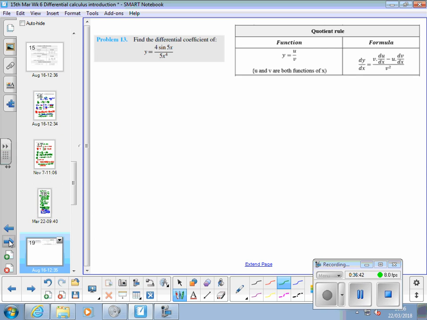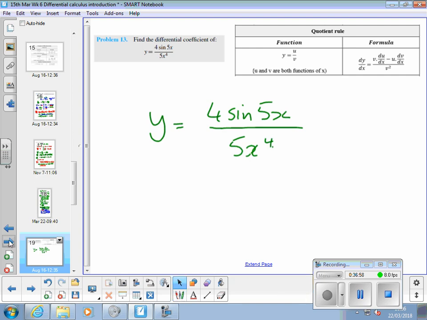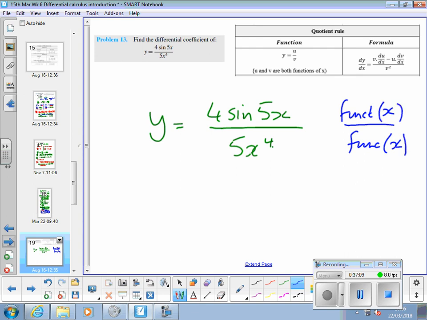So we've got a function y equal to 4 sine 5x divided by 5x to the power of 4, i.e. a function of x divided by another function of x. Obviously they're different, because otherwise it would just equal 1. So we've got a quotient, we need to use the quotient rule.